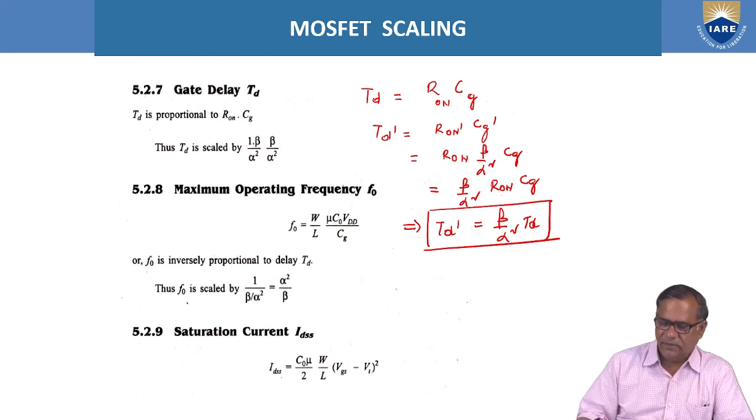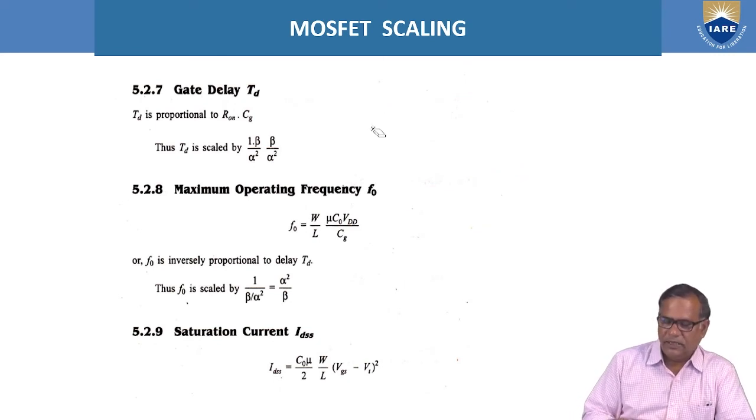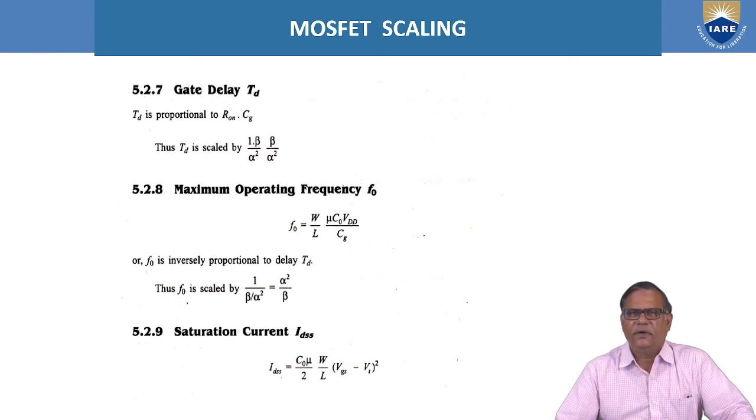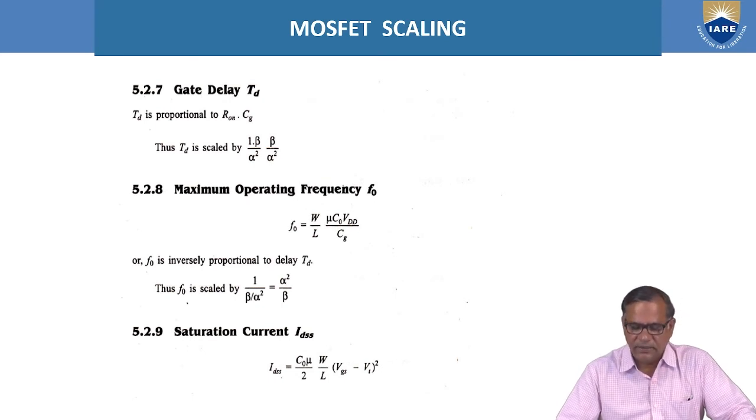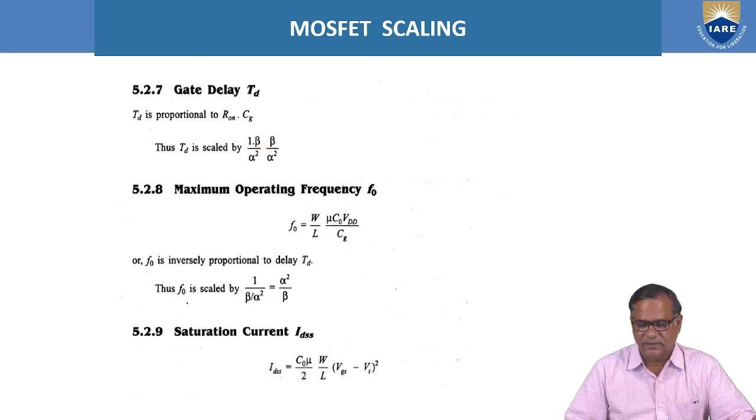Next is the maximum operating frequency. The maximum operating frequency is given by this formula. F0 is equal to W by L mu C0 VDD by CG, where W is the width of the gate and L is the length of the channel, mu is the mobility of the charge carrier, and C0 is the unit area gate capacitance, VDD is the supply voltage, and CG is the gate capacitance.